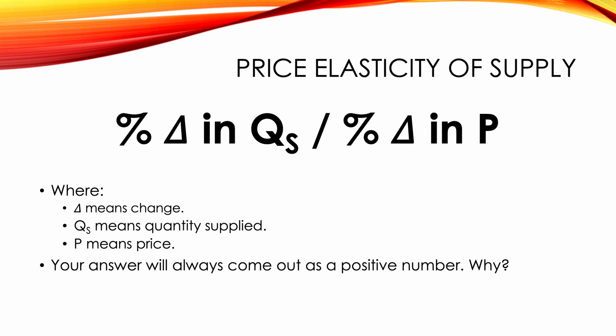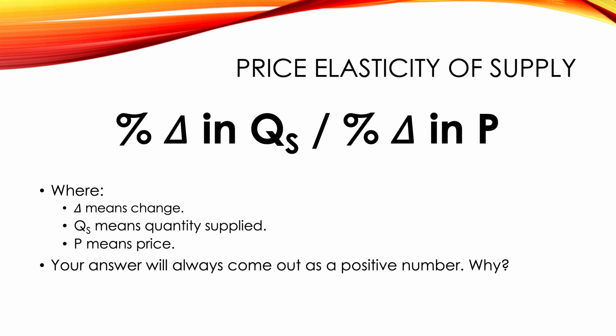Now, your answers will always come out as a positive number when you do this. This is a little bit different than with demand elasticity, and let's think about why. With supply, there's a positive relationship between price and quantity. If the price of a good rises, the quantity supplied will rise. If the price of a good falls, the quantity supplied will fall. So you're always going to come out with either two positive numbers for your numerator and denominator, or two negative numbers.